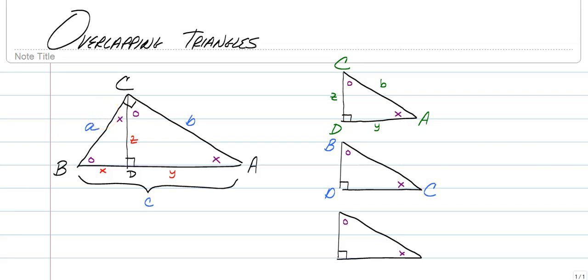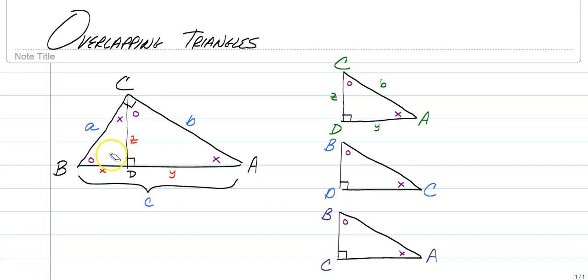Finally, the last one is the big triangle altogether. The big right triangle ABC. C is our right angle. A is X. And B is O. And then again, like we just got done doing with the other ones, it's kind of helpful to put down your variables as well.